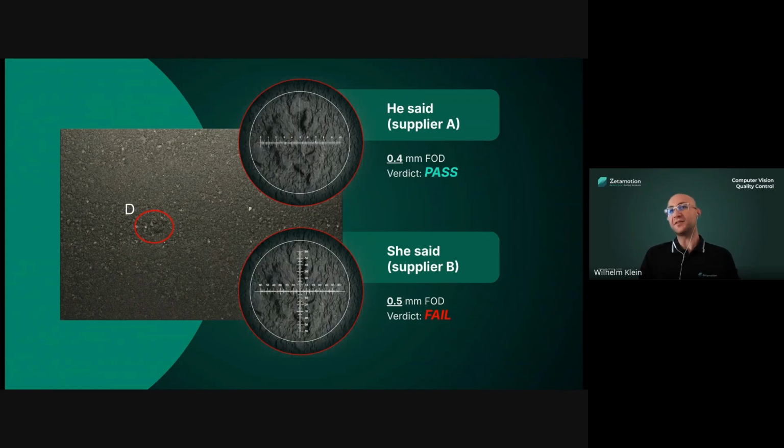And this is particularly problematic if you had these processes set up and maybe you had a bit of back and forth already between you and your customer, but now you would like to introduce, let's say, a machine vision system. You want to automate this process.